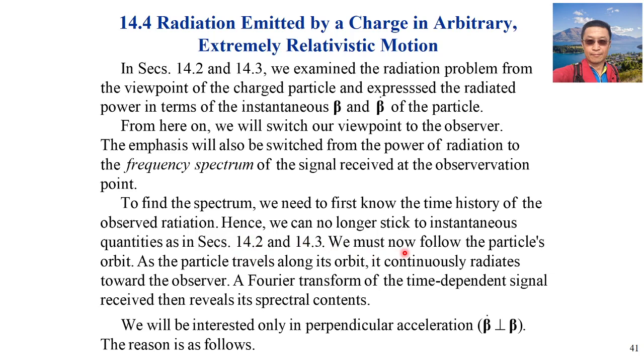Okay, we must now follow the particle's orbit. As the particle travels along its orbit, it continuously radiates toward the observer. A Fourier transform of the time history of the observed radiation, a Fourier transform of the time-dependent signal received, reveals its spectral content.